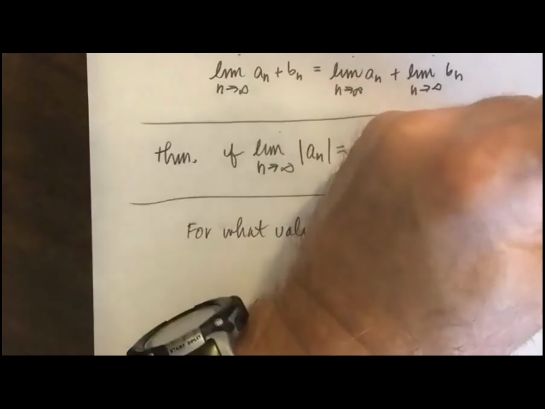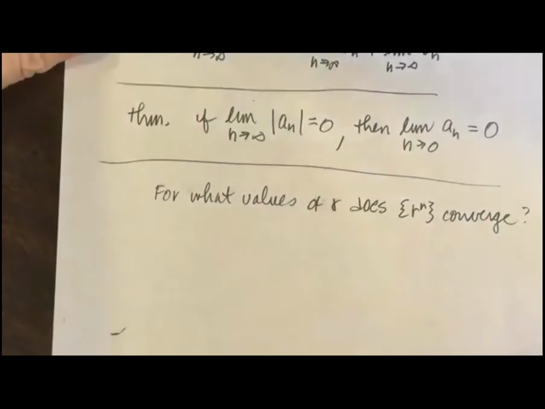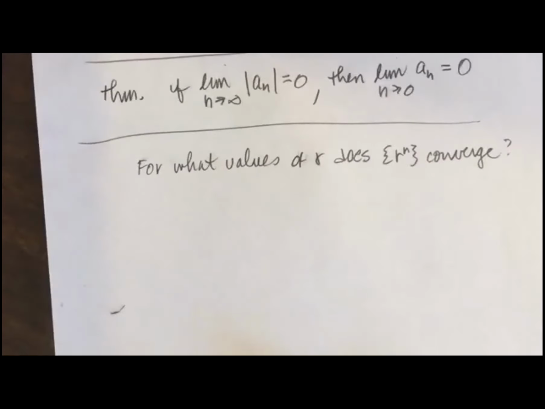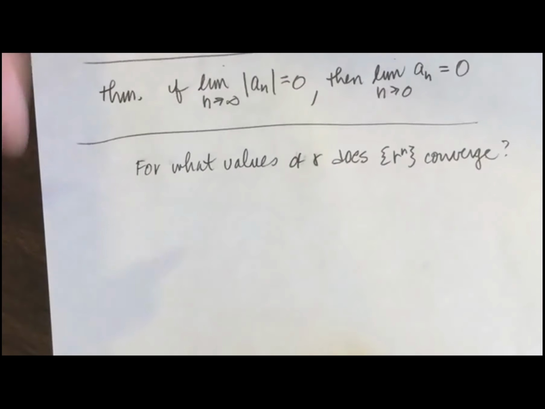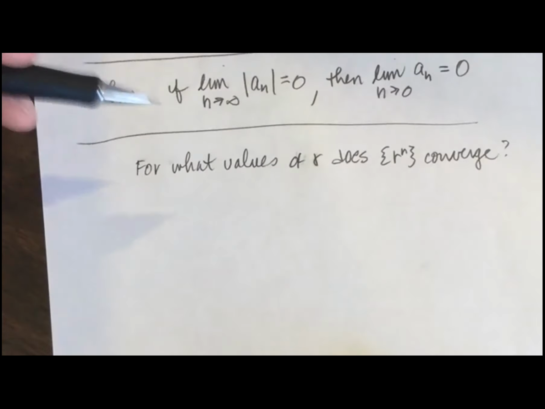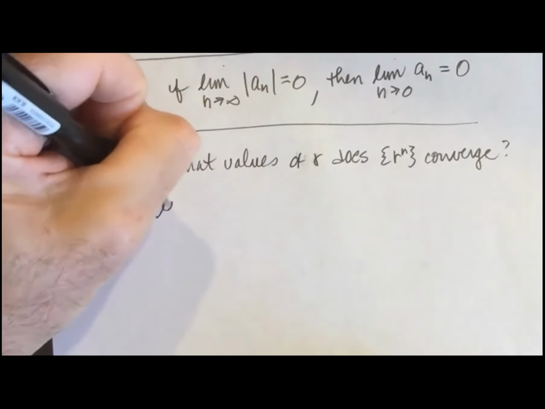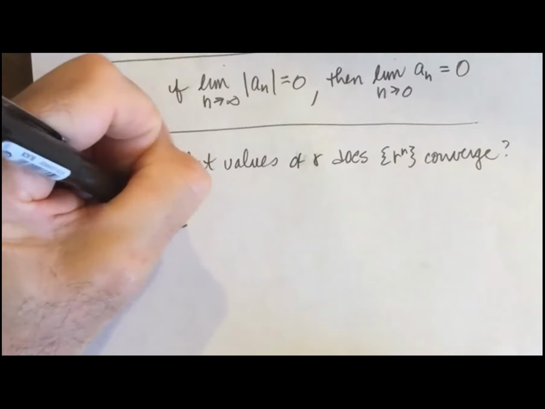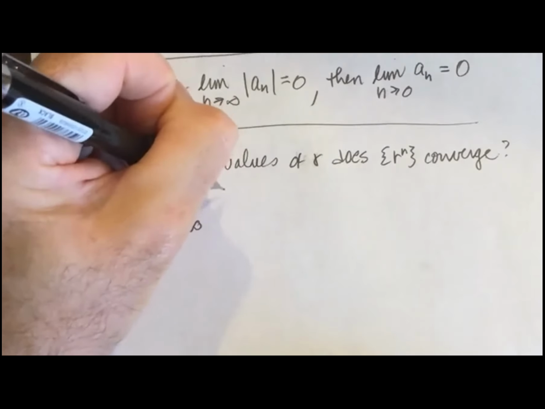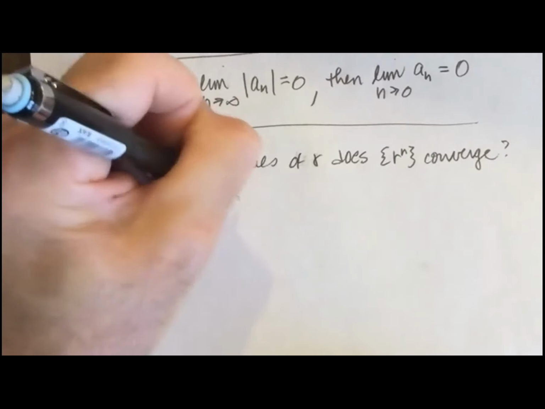So now what we're saying is, instead of just saying, I give you a specific R and I ask you, does it converge or diverge? Now I might ask you, can you find all the values of R for which it converges or diverges? Here, take a look at this sequence. The limit as n goes to infinity of R to the nth power.